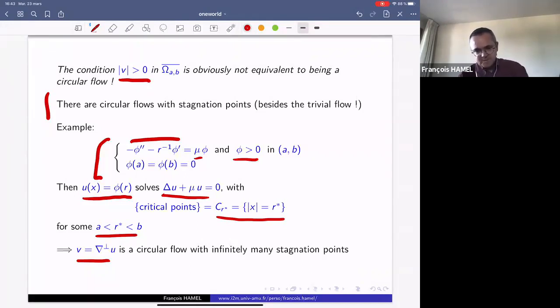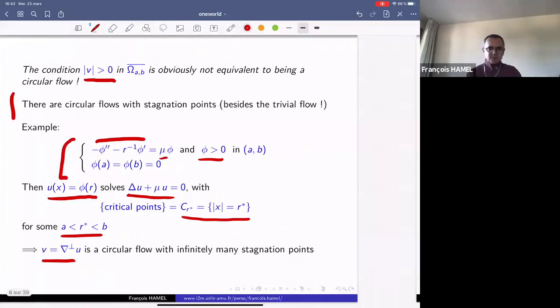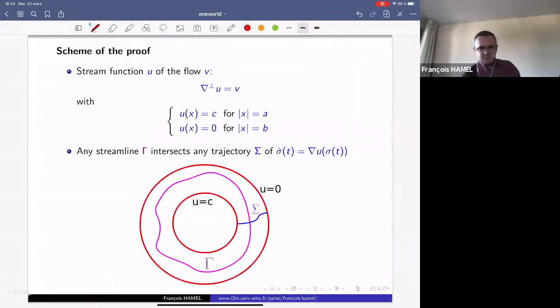Okay, so I would like to spend some time to show you the main ingredients of the proof. The proof of this result in this regular annulus is quite easy to understand, so I'm going to present the main steps.